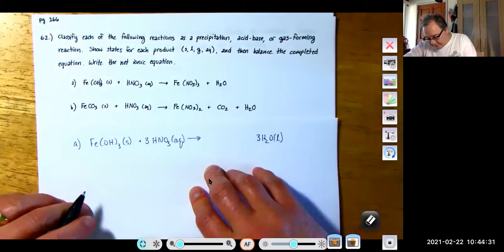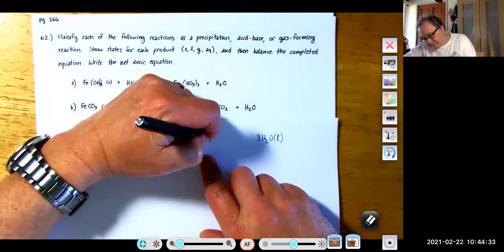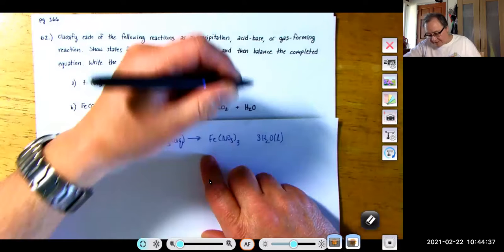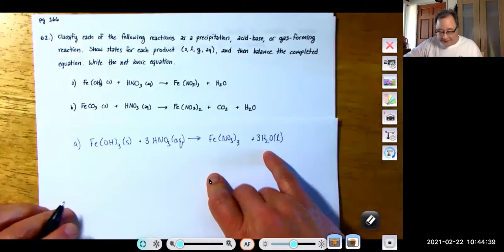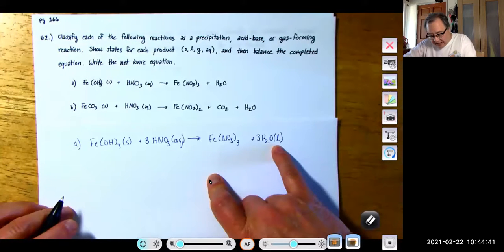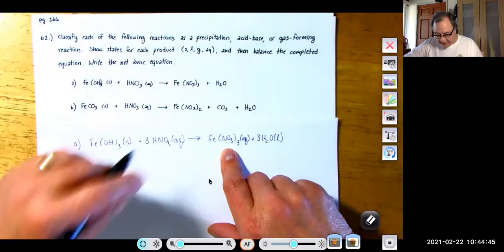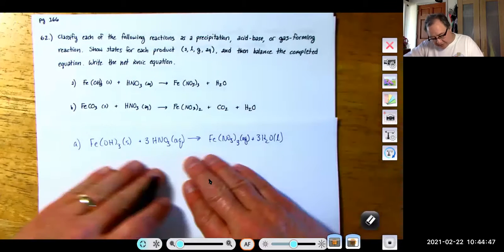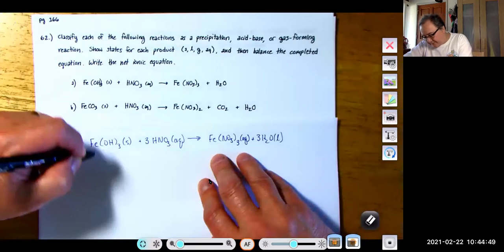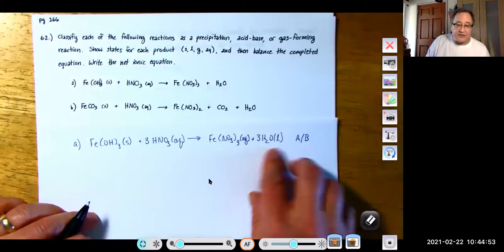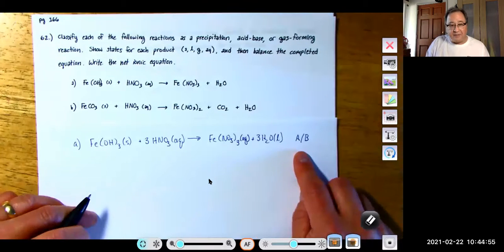Let's see if this balances out. Now, water has a state of L. This is going to be aqueous because nitrates are soluble. And I believe this is balanced, and we're going to call this an acid base. So this is a fine abbreviation for an acid-base reaction. I'm not sure what else AB could stand for.